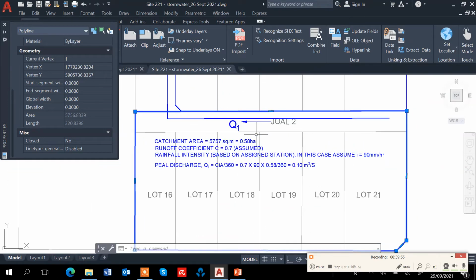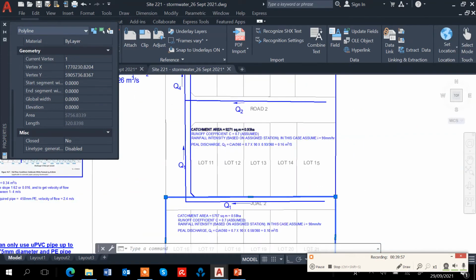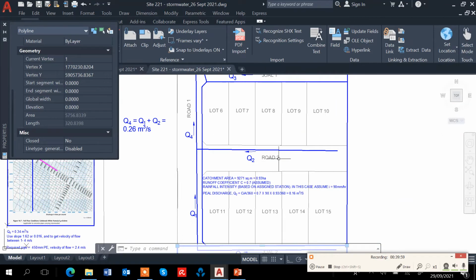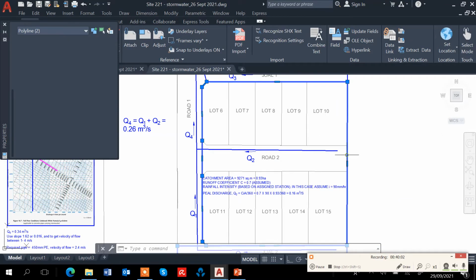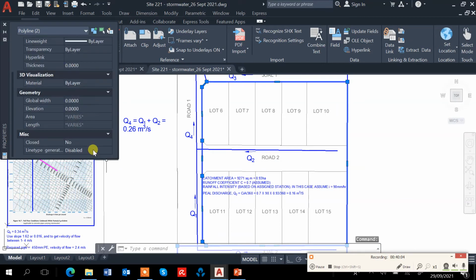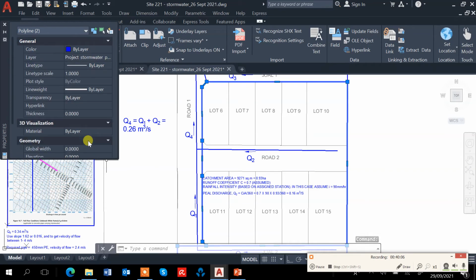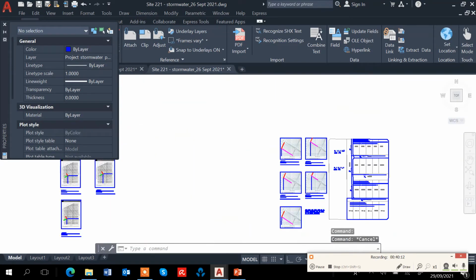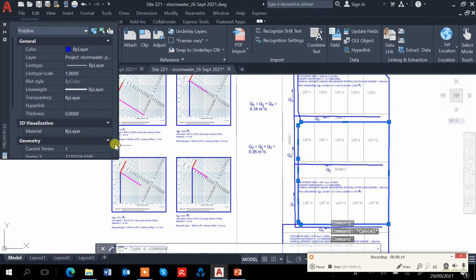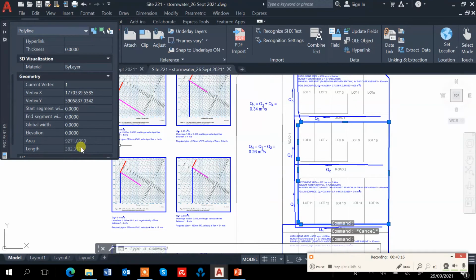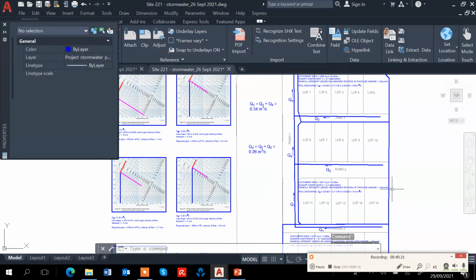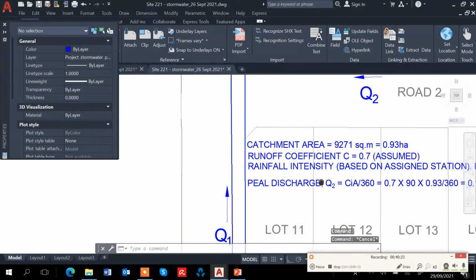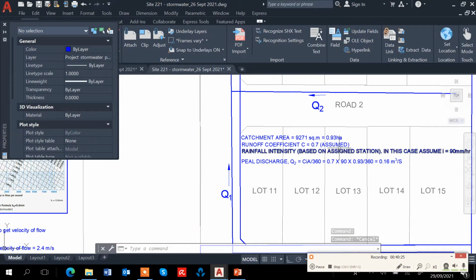And for Q2 the area is bigger. You click the area, and the area is 9271, which is 0.93 hectare.